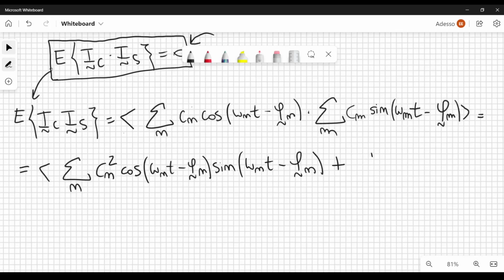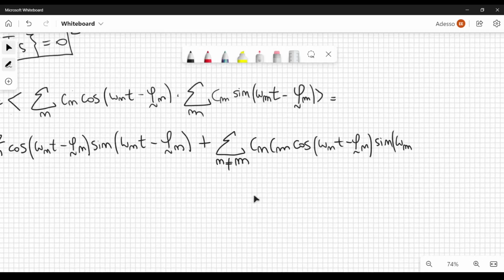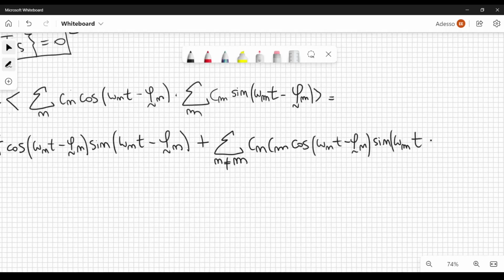And then I have plus another summation where the index n is not equal to m, c sub n, c sub m, cosine of omega sub n t minus phi tilde sub n times the sine of omega sub m t minus phi tilde sub m, like this.